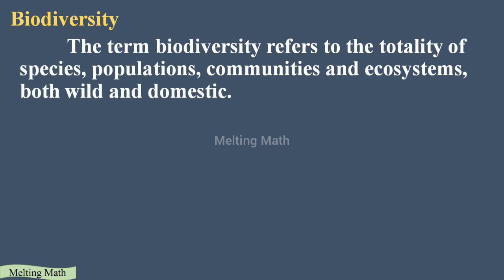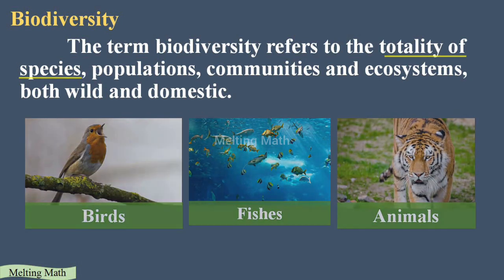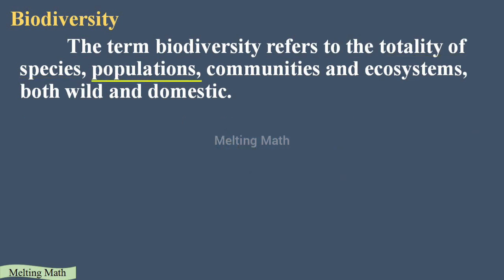The term biodiversity refers to the totality of species, populations, communities and ecosystems, both wild and domestic. Totality of species is nothing but different types of animals: birds, fish, elephants, tigers, like that. Population is the number of animals present there.